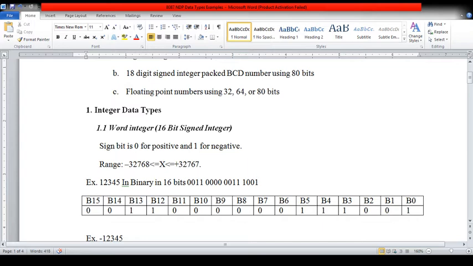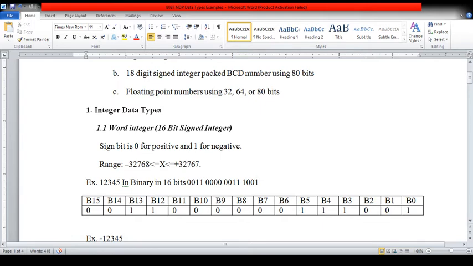Whenever we convert this number into binary, it gives only 14 bits, but the MSB 2 bits are added to indicate that the complete 16 bits should be there. So wherever the number is less than 15 bits, we pad the result with zeros at the MSB. This won't change the magnitude of the number.